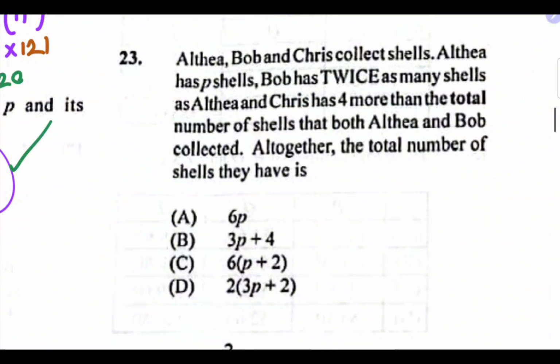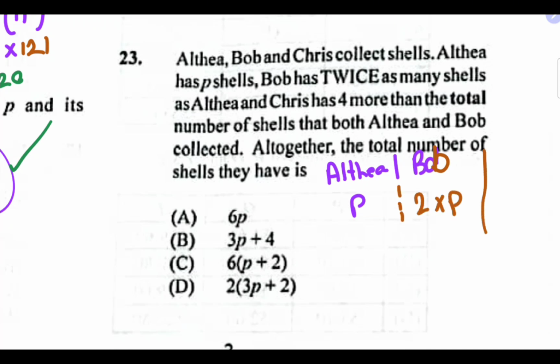Item 23. Pause and read the question. Althea, Bob, and Chris collect shells. Althea has P shells. Bob has twice as many shells as Althea, so that's 2 times P, okay.